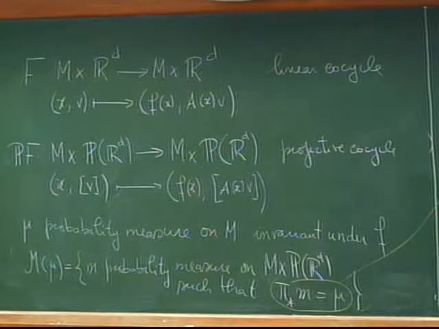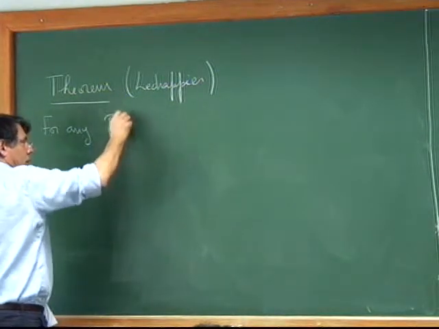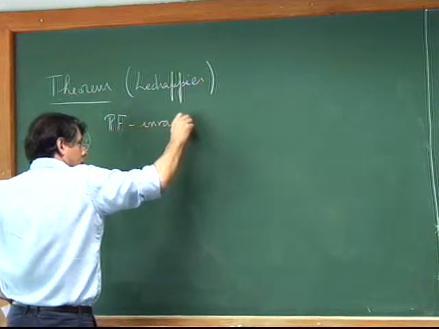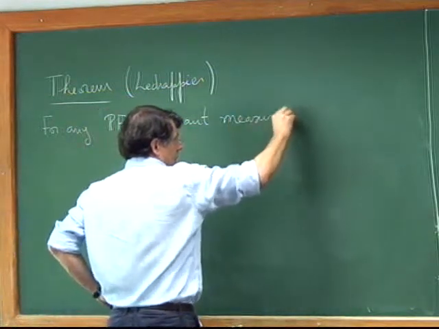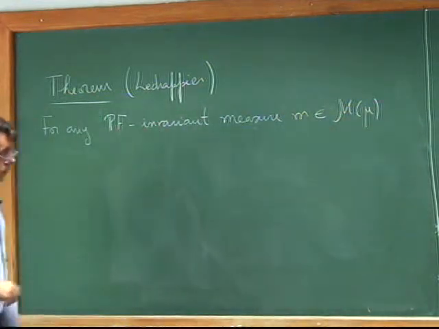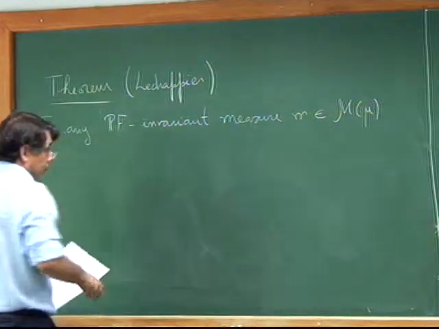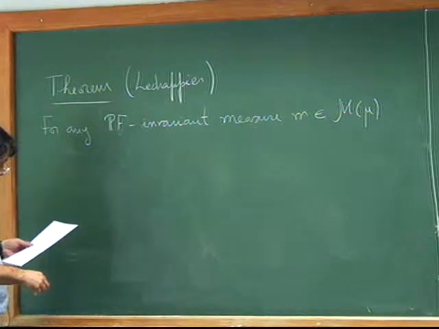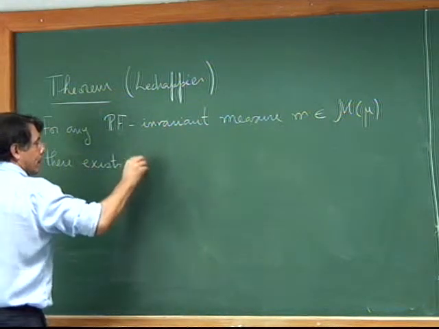So the theorem says that for any invariant measure m that projects down to mu, for any measure here projecting down to mu, there exists j.